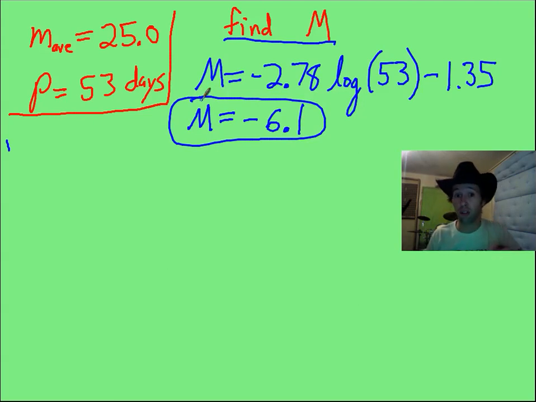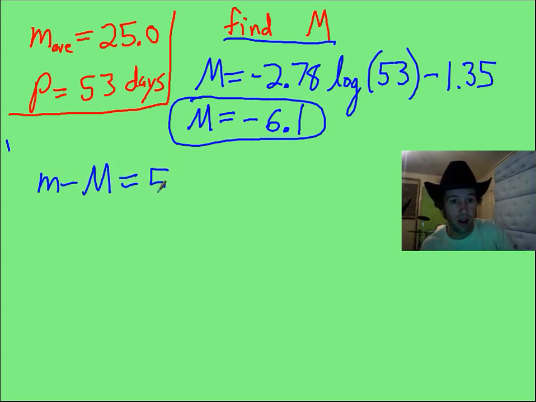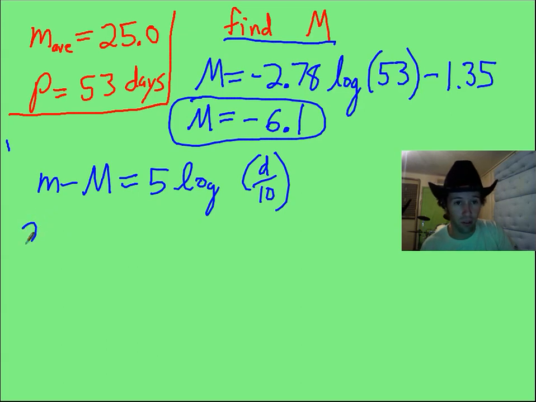But for Cepheid variables, they are pretty massive stars compared to our sun, and so it makes sense that they're going to have a bright or negative absolute magnitude. Now, you have that, and you're going to use this hopefully familiar equation to you by now to find how far away it is, or its distance, in parsecs. So you'll plug in some values here. 25.0 minus a negative 6.1.